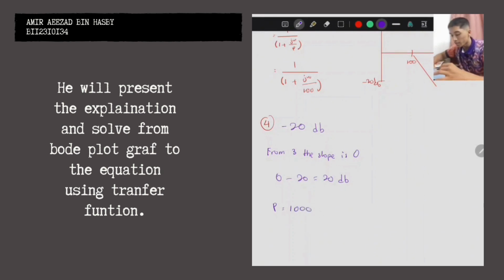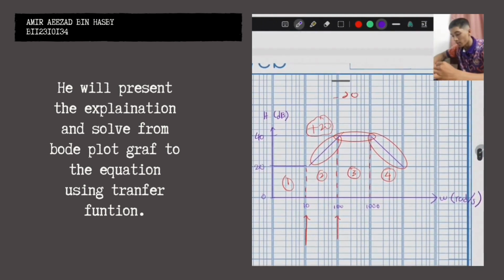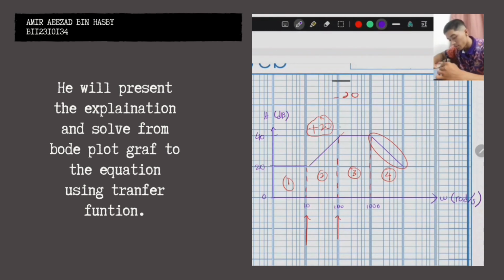Based on the graph, you can see that the graph starts declining from the slope 0 and begins declining at 1000 omega.